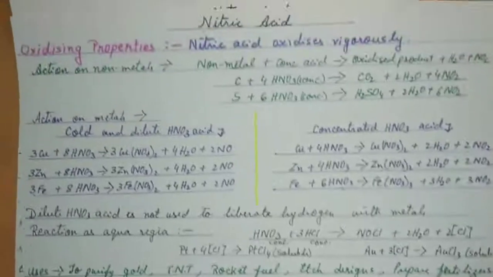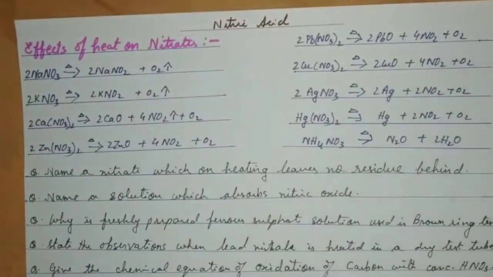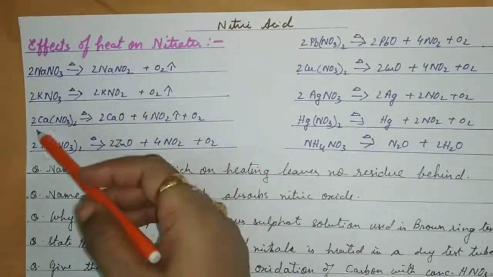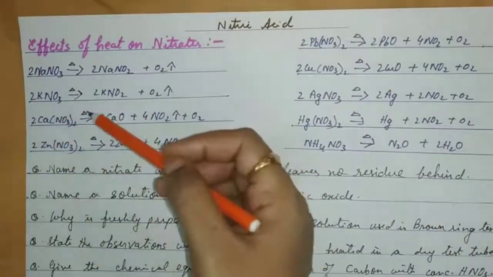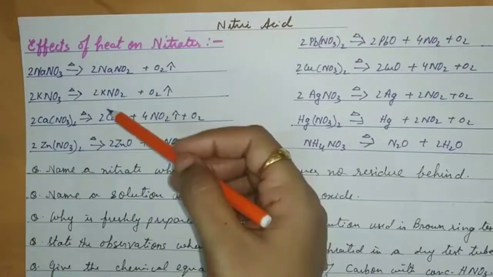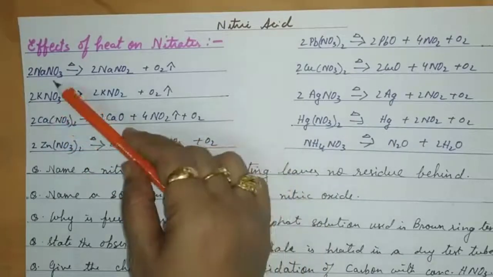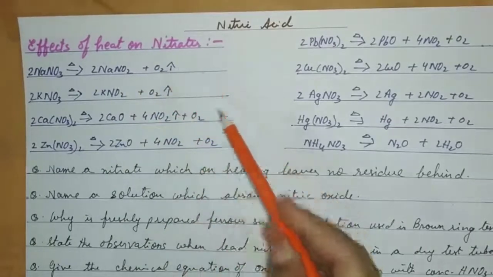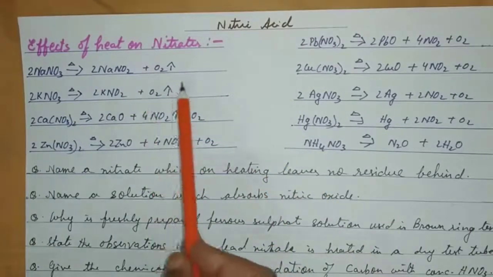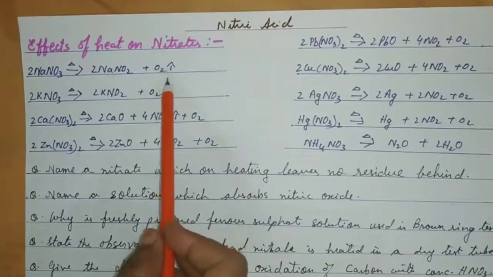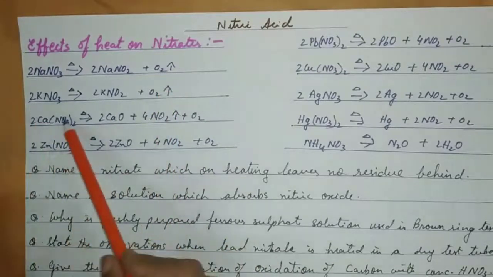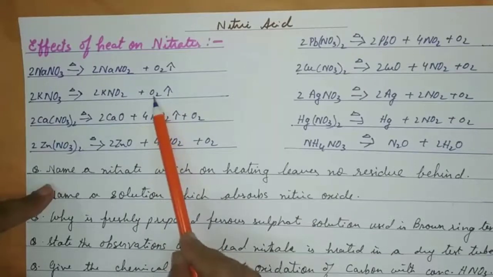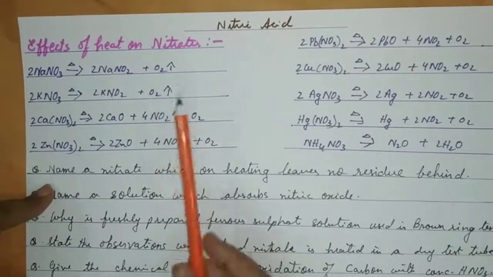We go to the next, that is the effects of heat on nitrates. We have done it earlier, but since it is in your syllabus, you should know that sodium nitrate gives you sodium nitrite and oxygen, a colorless, odorless gas that will rekindle a glowing splinter, is the observation. Potassium nitrate will give you potassium nitrite and oxygen, a colorless, odorless gas which will rekindle a glowing splinter.